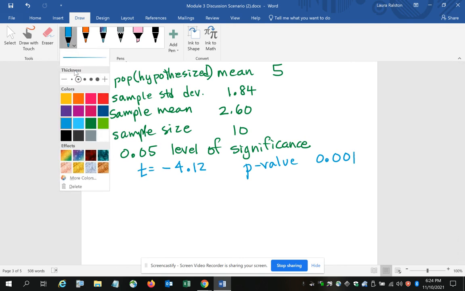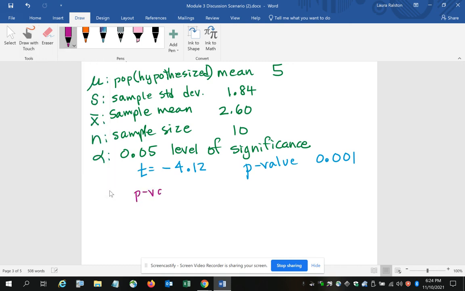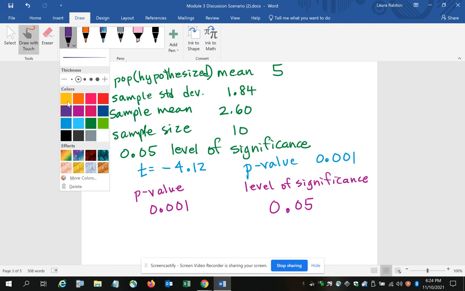I've got to make a decision by comparing the p-value, which is 0.001, to the level of significance, which is 0.05. Digit for digit.